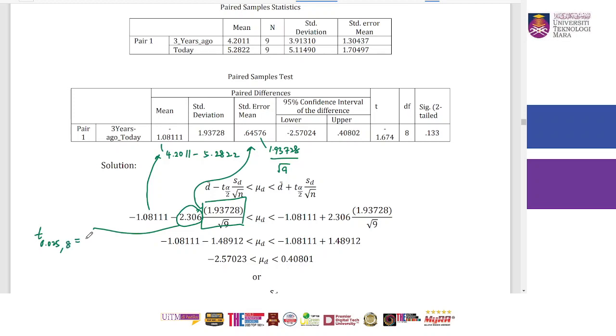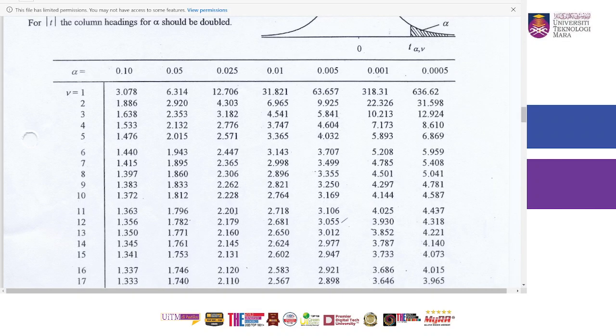Okay, so you akan dapat 2.306. So macam nak tengok, tengok balik dekat table t, 0.025 and then 8. So you get 2.306. Alright, so you get this value 2.306.